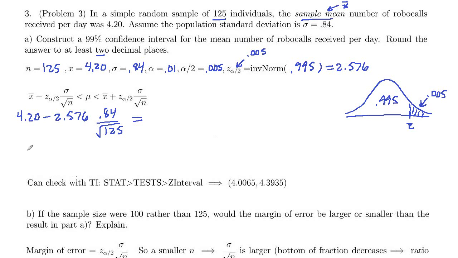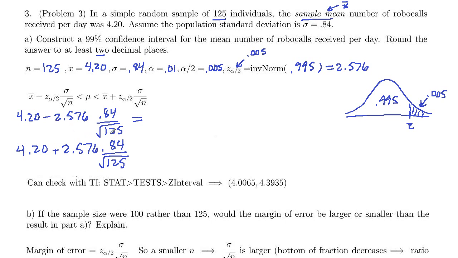And let's go ahead and do the upper, which is going to be 4.20 plus 2.576 times 0.84 over root 125.